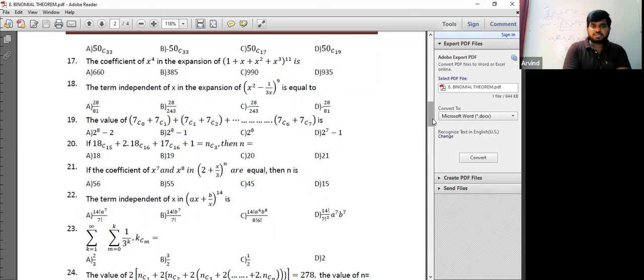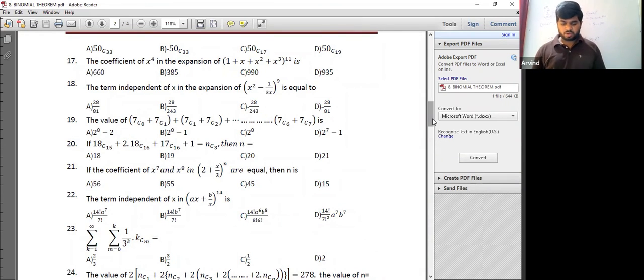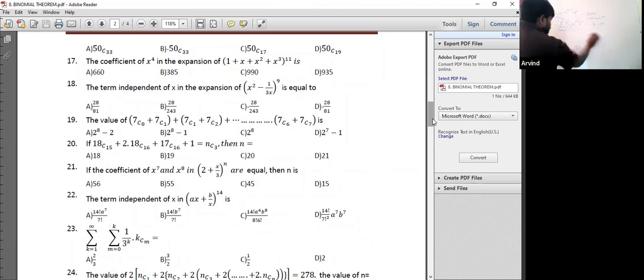The value of 7C0 7C1 plus 7C1 7C2, so on up to 7C6 plus 7C7. Could you guess what will be the value? I have already told this formula. Give it a try.